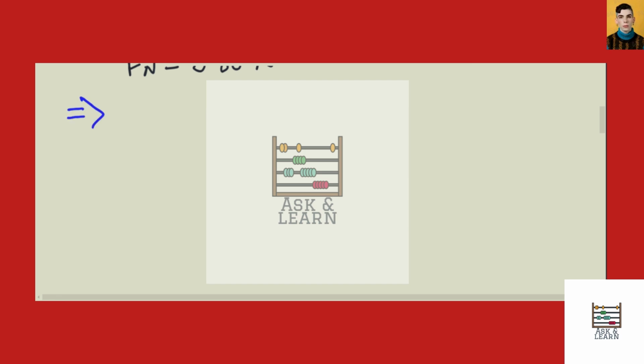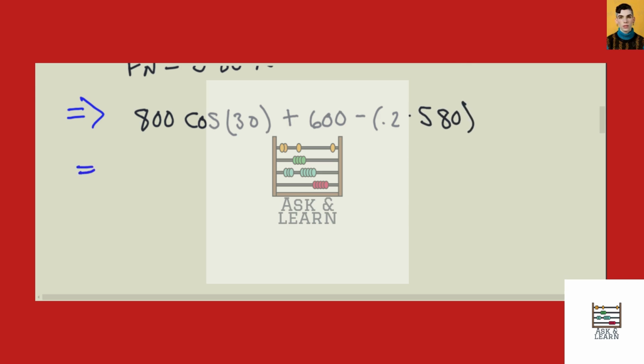And now we can plug this back in and find the forces in the x direction. So we have, again, 800 cosine 30, and 1,000 times 3/5 is 600, and then minus the coefficient of kinetic friction, 0.2, times the normal force that we just found, 580. So the force in the x direction is 1,176.82 newtons.